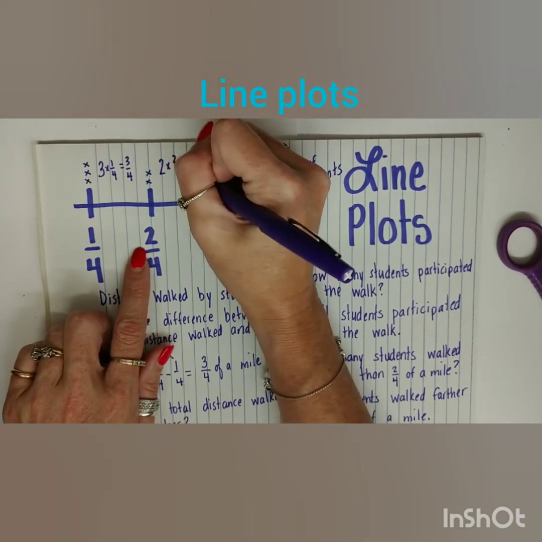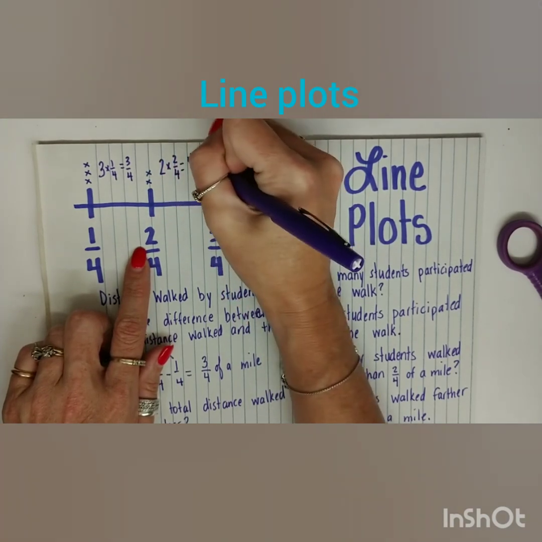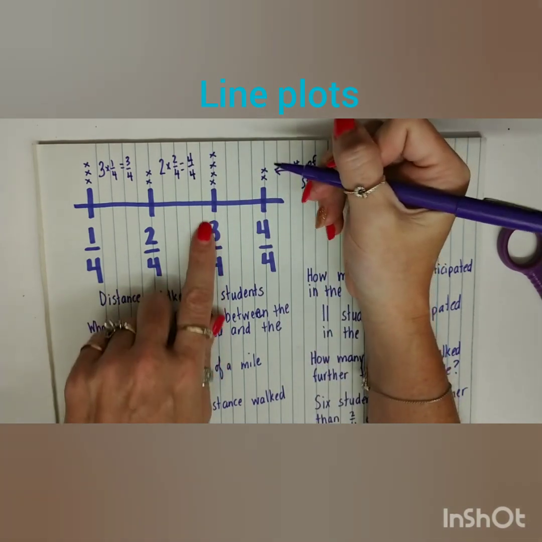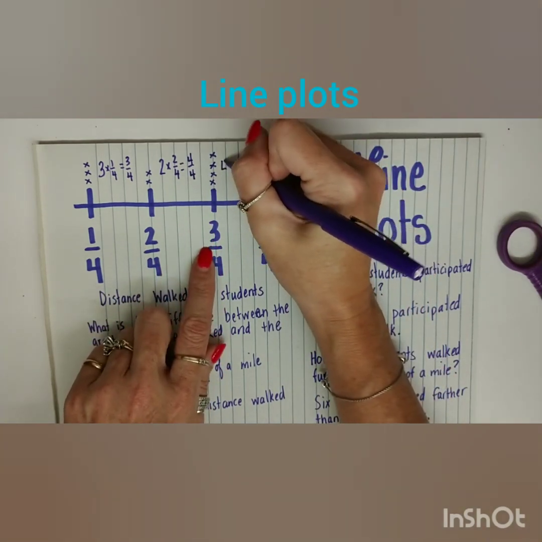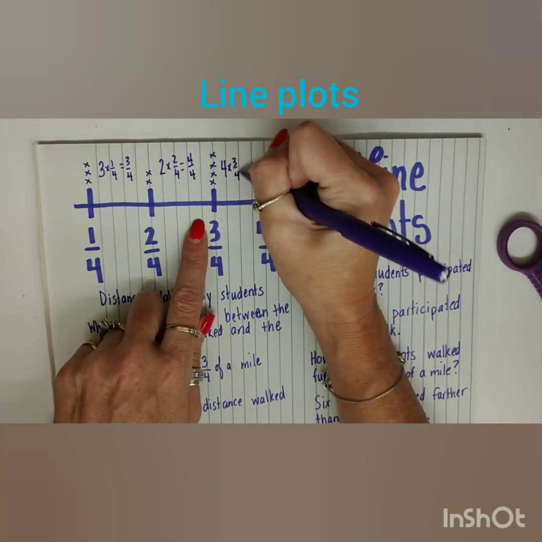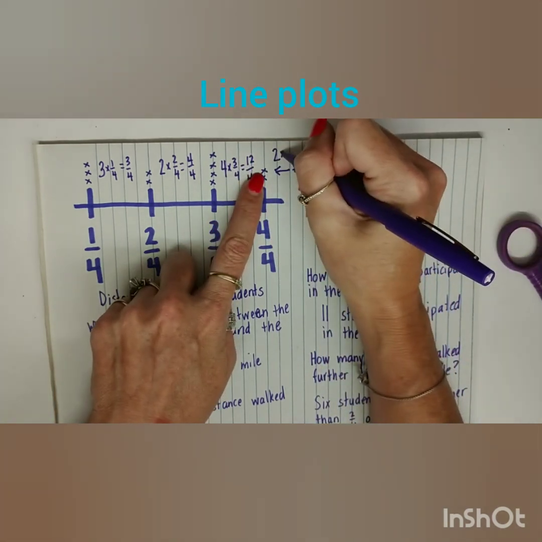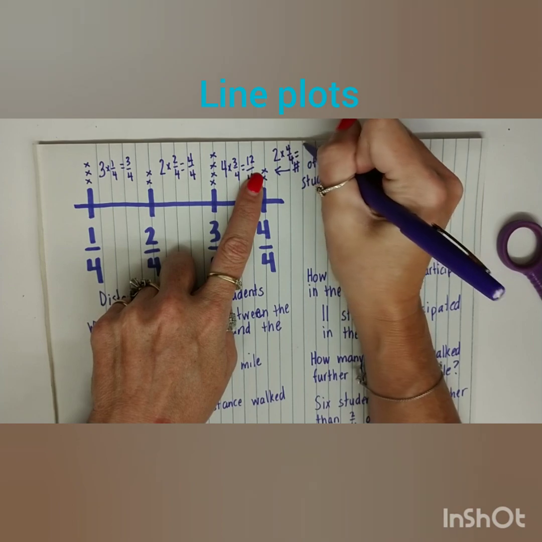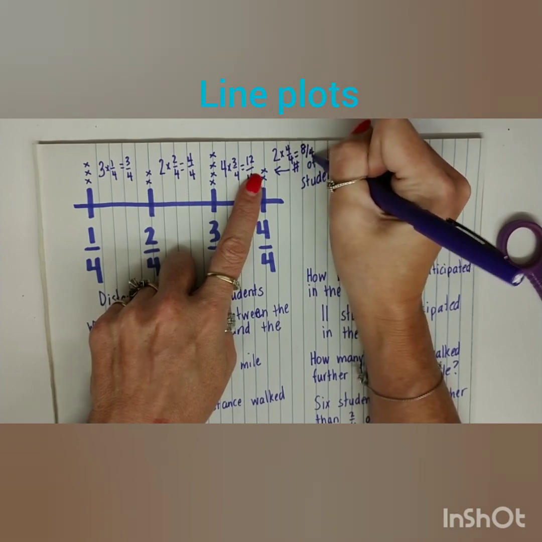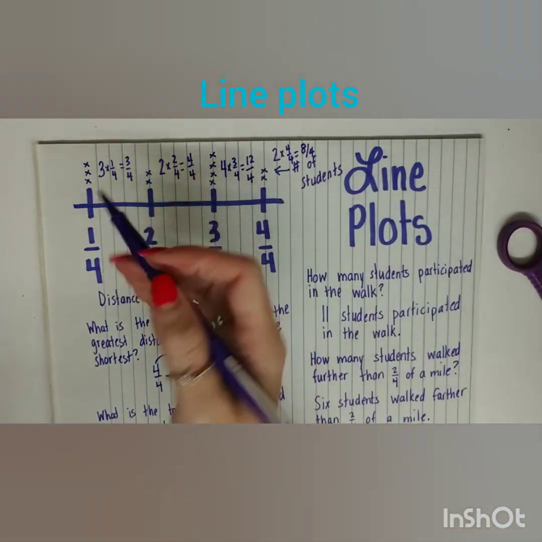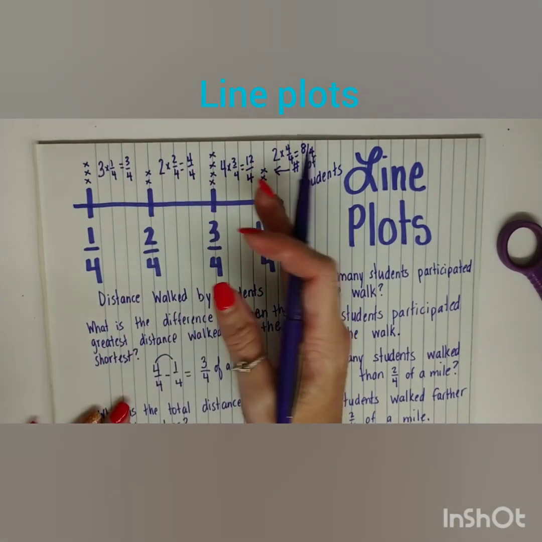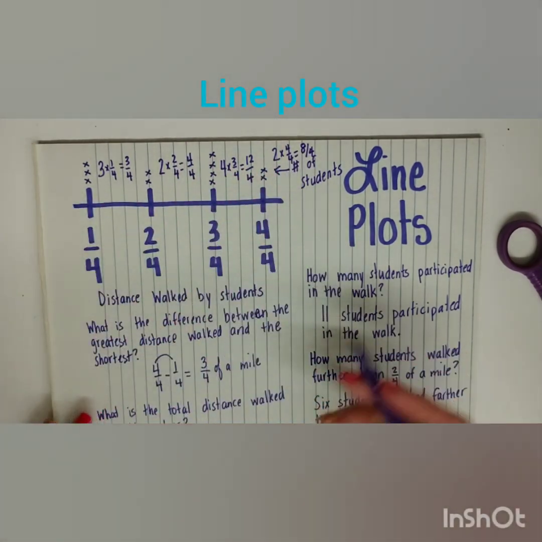2 times 2/4, which equals 4/4. 4 times 3/4, which equals 12/4. And 2 times 4/4, which equals 8/4. And then once I have the distance for each increment done, I'm going to add them together.